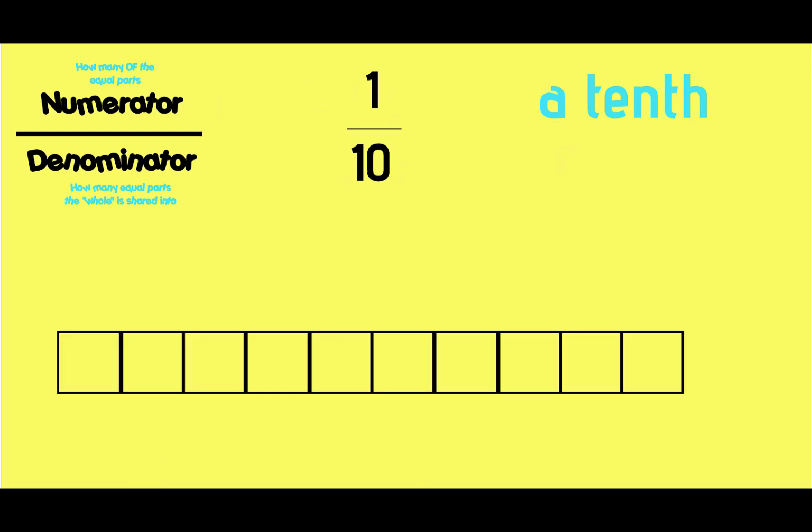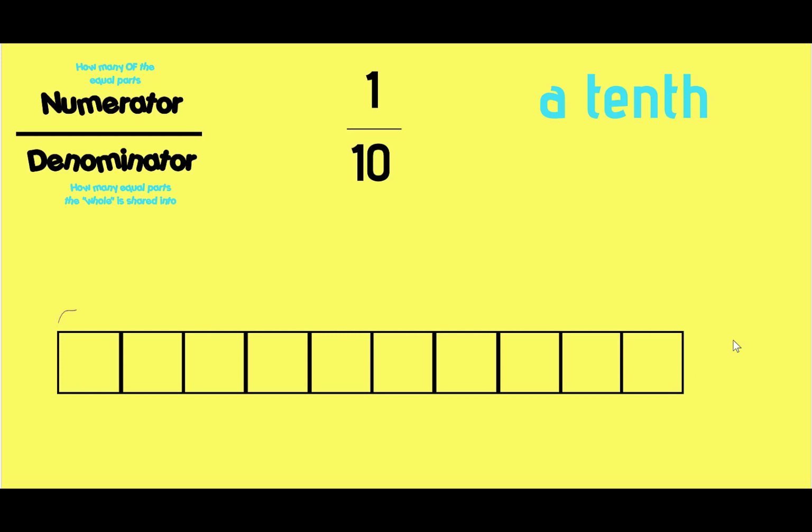Looking at a bar model now, I need to find 10 equal groups. So I'm going to look at how many squares I've got in my bar. 1, 2, 3, 4, 5, 6, 7, 8, 9, 10. So I need to share my 10 squares into 10 equal groups.